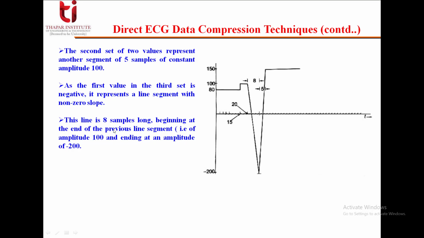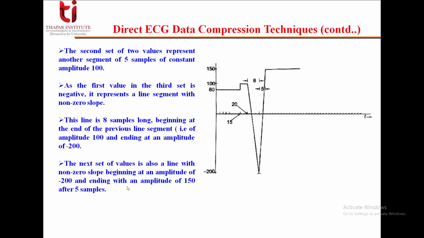But how much will be the amplitude? Beginning at the end of the previous line segment, that is 100 amplitude, and ending at an amplitude of -200. So that is a slope which will start from +100 and move to -200, completing in 8 samples.